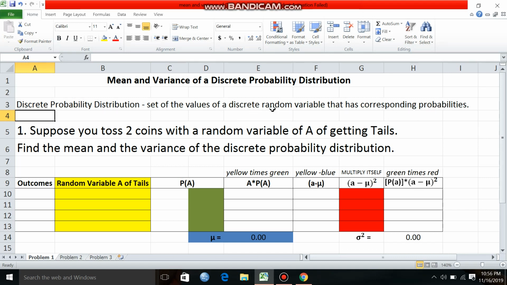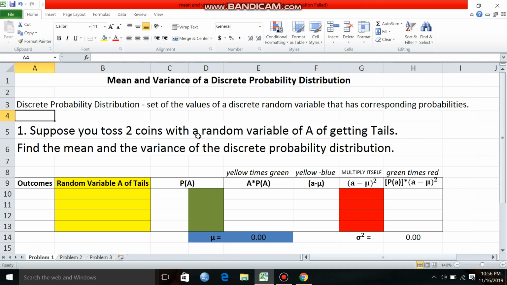A discrete random variable is a type of random variable wherein the values are counting numbers, or the set of natural numbers 0, 1, 2, 3, and so on. Those values of the random variable have corresponding probabilities.